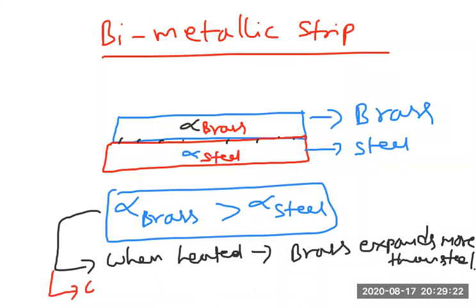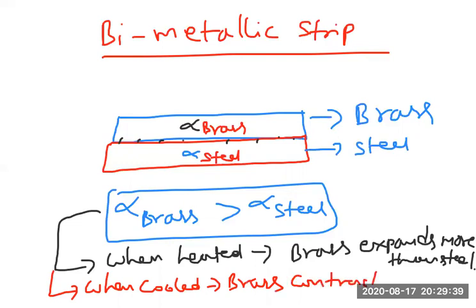When cooled, we can observe one more phenomenon. Brass expands more when heated, and when cooled, brass contracts more than steel. That means both properties are exhibited by the brass.